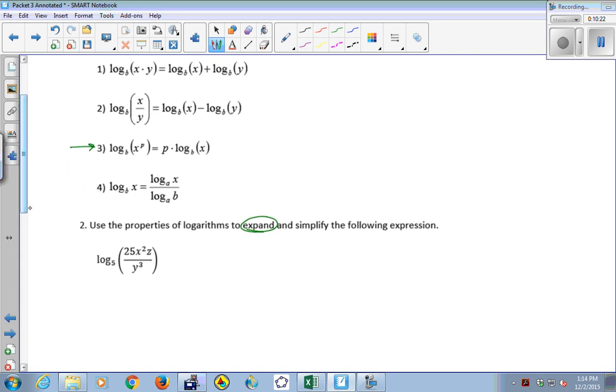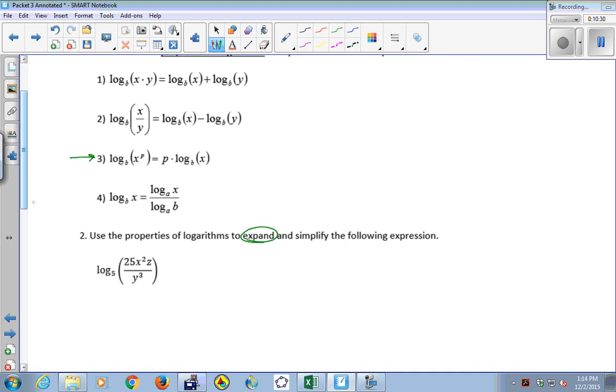So in this expression, I see all three of these first three properties. There are multiplications, 25 times x² times z, so I can apply property 1. I've got a division, which means I can apply property 2. And I've got some powers in there, which means I can apply property 3.